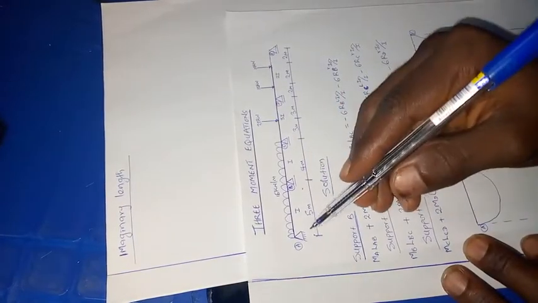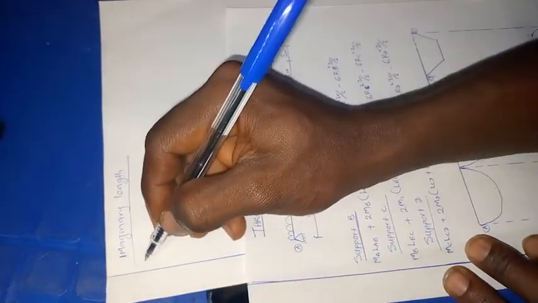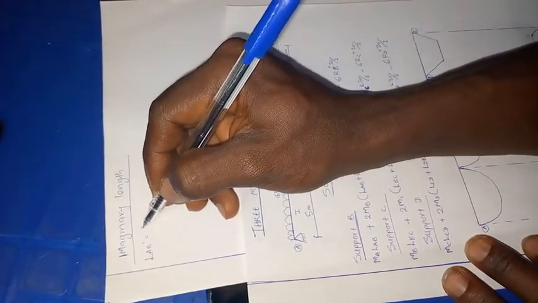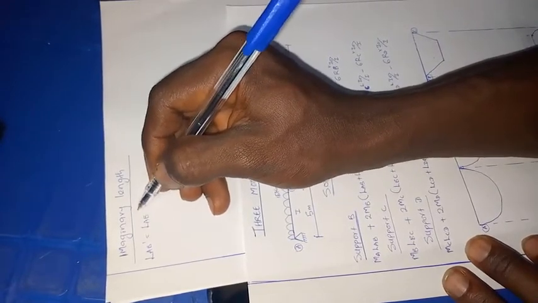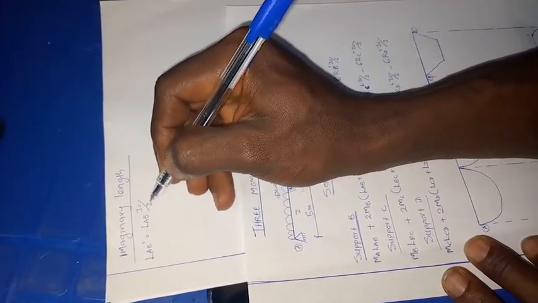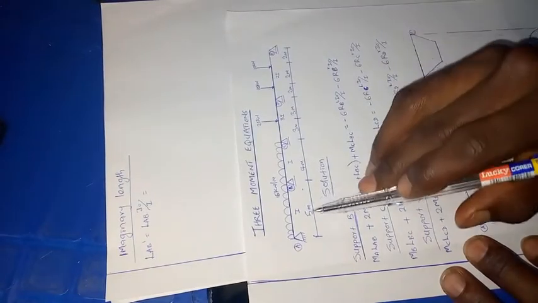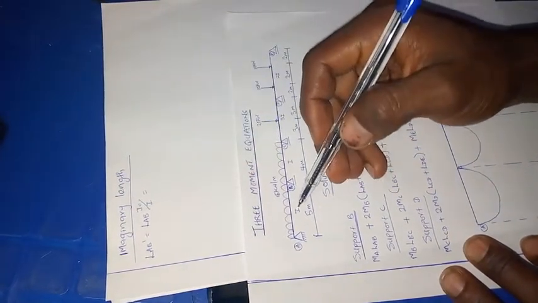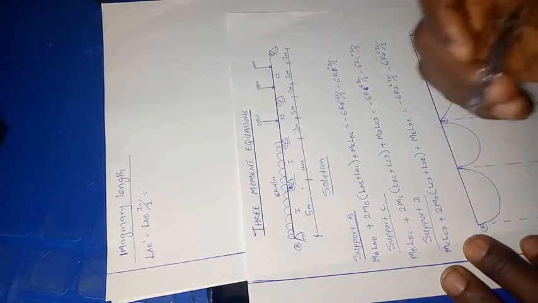To calculate my imaginary length, I'm going to be calculating my imaginary length at A to B. So I'll have my length AB prime will be equal to, the formula is length of AB multiplied by I naught over I, where my I naught is the smallest inertia in the question, and then my I is the particular inertia of the span you are considering, the inertia that it is carrying.